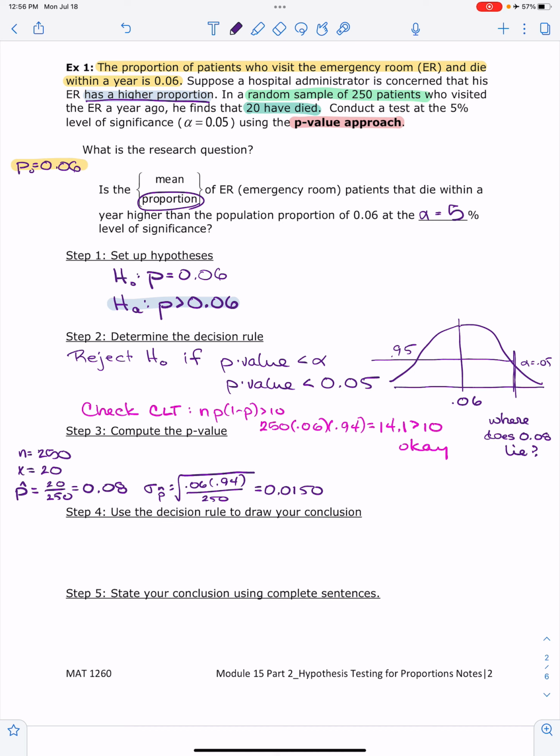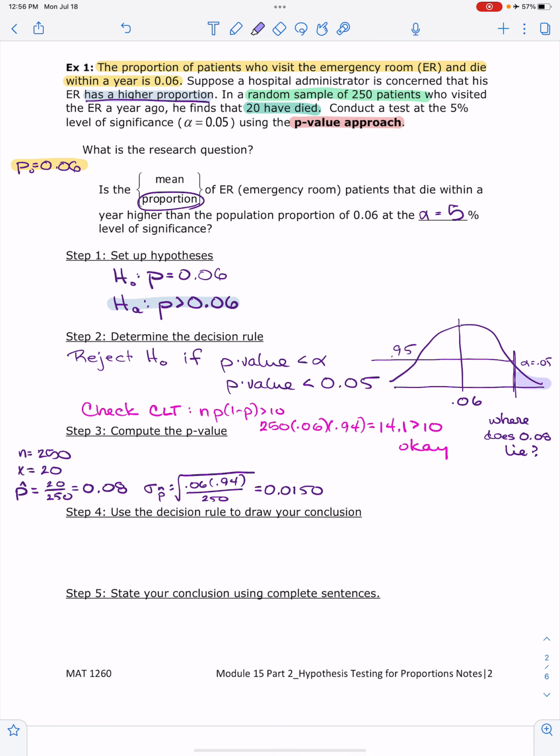Now, I have my p hat, I have my p, I have my standard deviation. All I need to do now is go to Excel and compute the probability that this sample has a proportion of 8% or higher. Right hand is what we're looking for here.